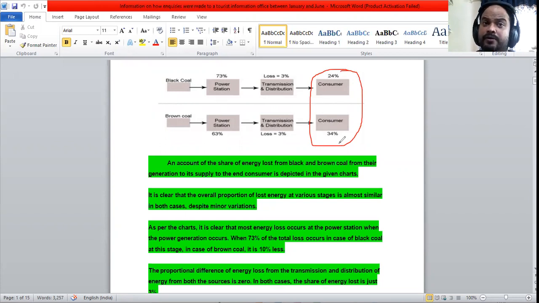I don't know whether when it is supplied or when the consumer uses it, 24% is lost. It's not very clear here. So in that case, I need to say when it reaches the end consumer, 24% is lost, 34% is lost.